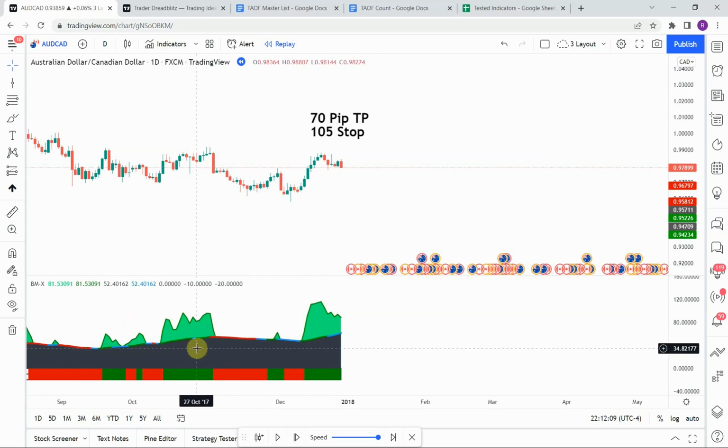Nonetheless, to take it one step further, and in this particular case we're not actually going to use this part of it, there are these two kind of graphs down here at the bottom. It looks like one, but it is actually two. It's kind of hard to see because they are pretty much identical right now. Those are higher time frames, and they are taking a look at the higher time frame to see if those coincide with the bull mountains that we are picking up on the lower time frame.